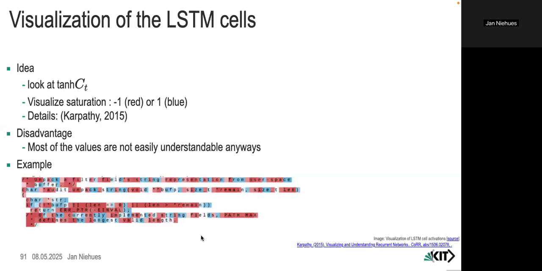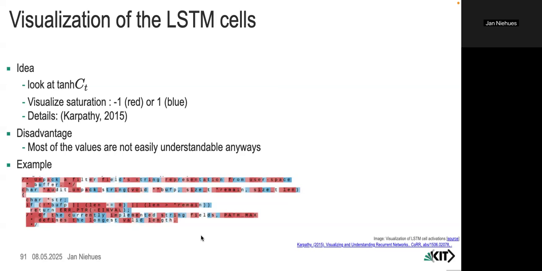Each of HT and CT normally has the same dimension, so you have a vector there. Now you can look at each entry and try to inspect what is stored there. And to be honest, for most of them it's not easy to interpret because there is a complex combination between the different dimensions, and you cannot interpret each of these dimensions individually. So one example is here.